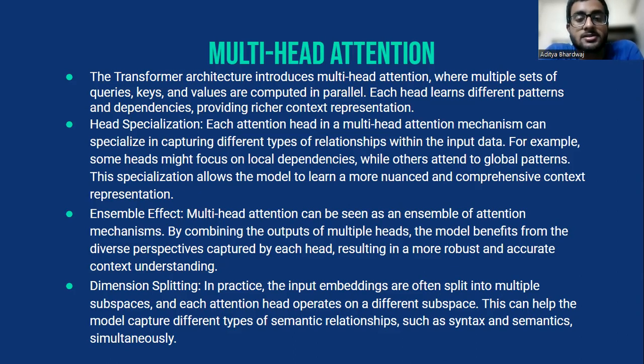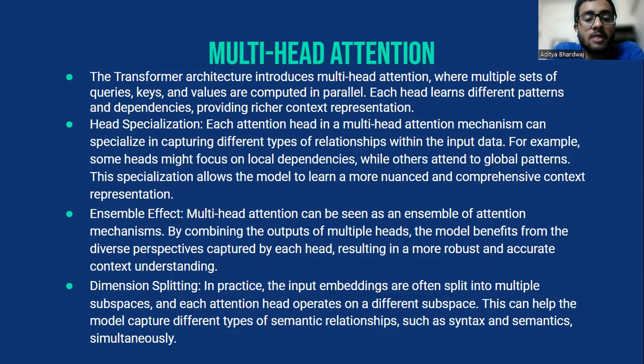Each attention head in a multi-head attention mechanism can specialize in capturing different types of relationships within the input data. For example, some heads might focus on local dependencies, while others attend to global patterns. The specialization allows the model to learn a more nuanced and comprehensive context representation.